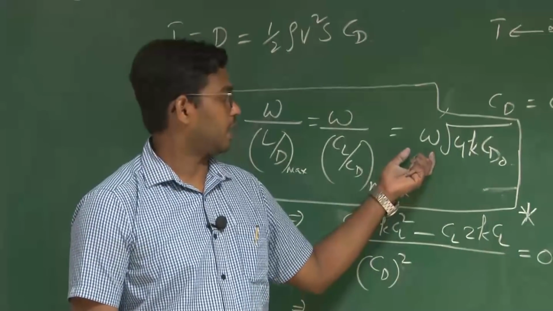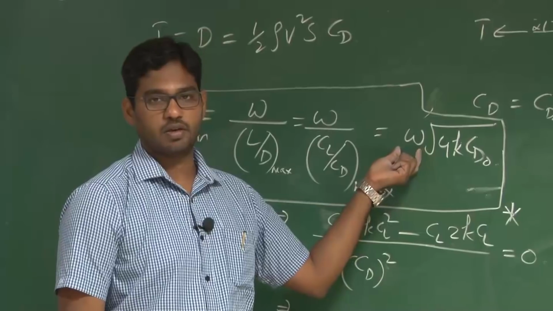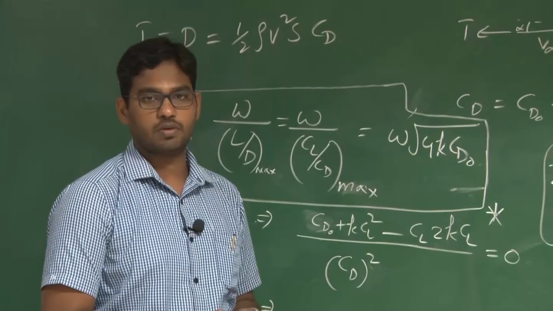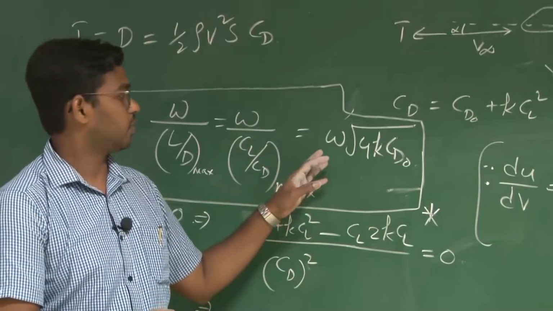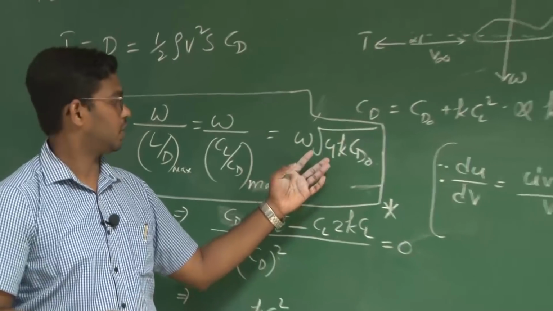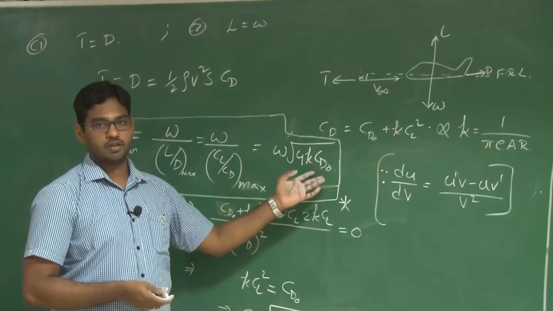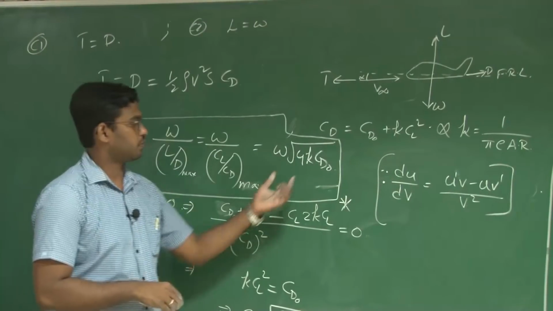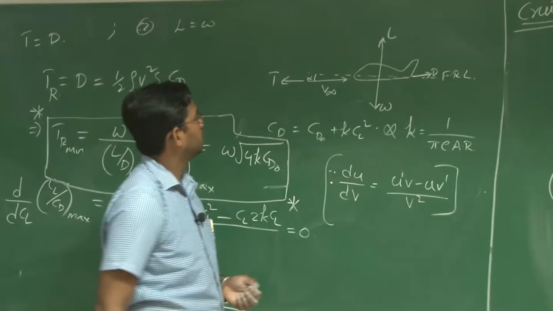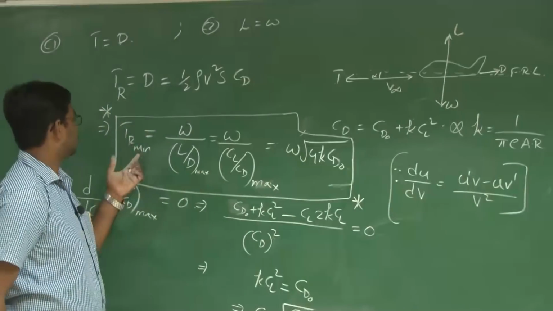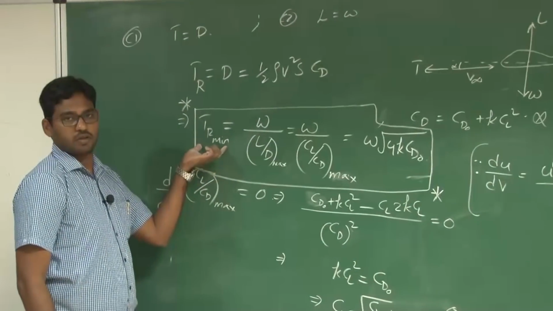So you can calculate the minimum thrust requirement to achieve this level flight if you know the weight of this UAV, the induced drag correction factor and CD naught, the profile drag coefficient, right? If you know this information, you will be able to figure out the minimum thrust required.